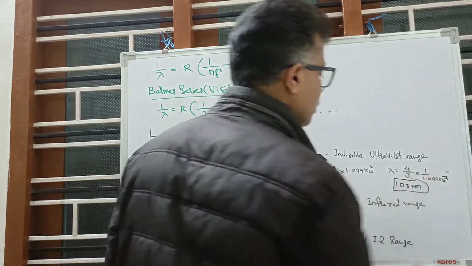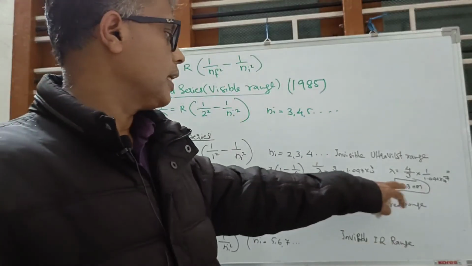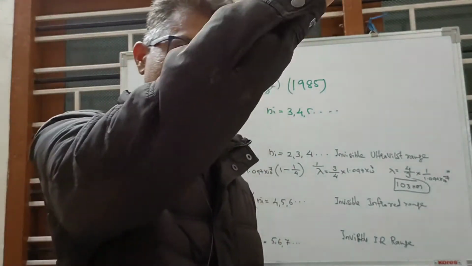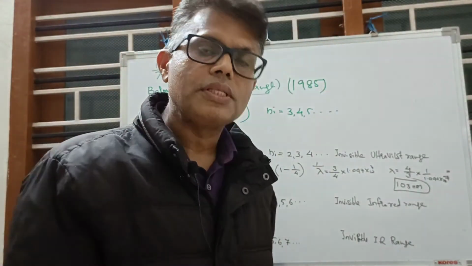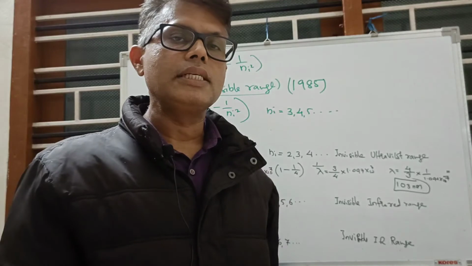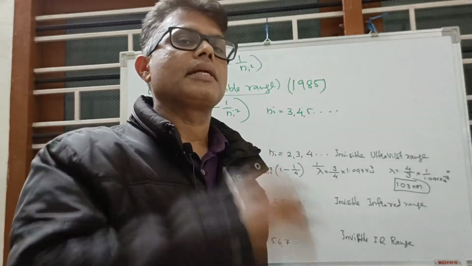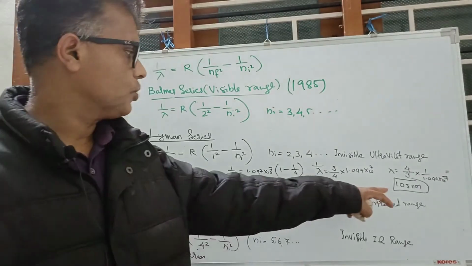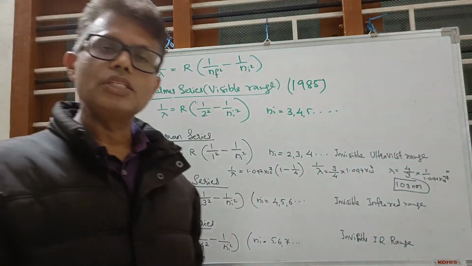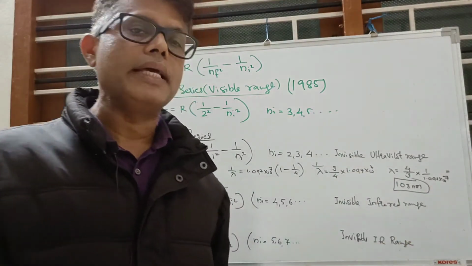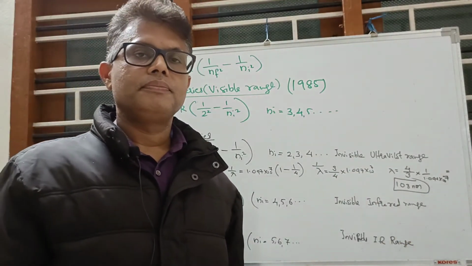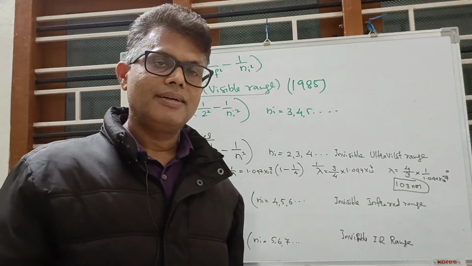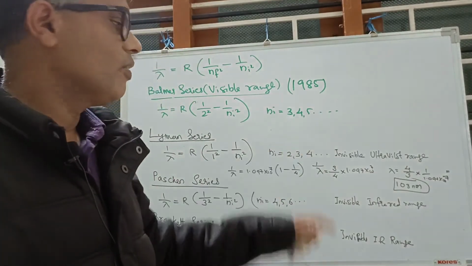It is below 360, and below 360 means it is in the ultraviolet range. Very simple calculation. This is going to come sometimes in the JEE Main exams. Very simple, so you can just note it down. I'll rub it out.